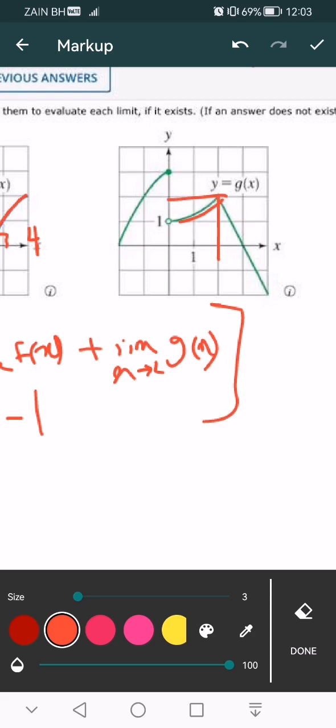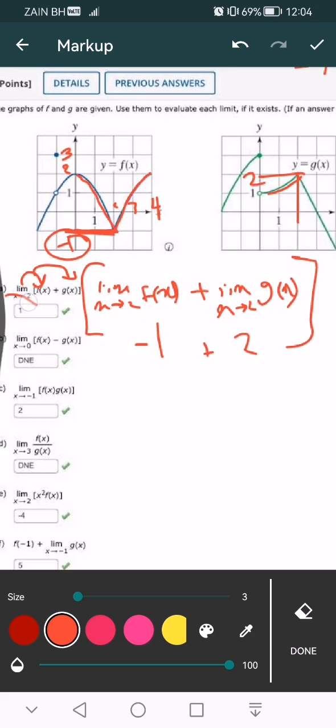I will get 2. And also when I approach from the right side, I will come from here, so this one also will be 2. Fine. So 2 and 2. So plus 2, minus 1, plus 2 is 1.